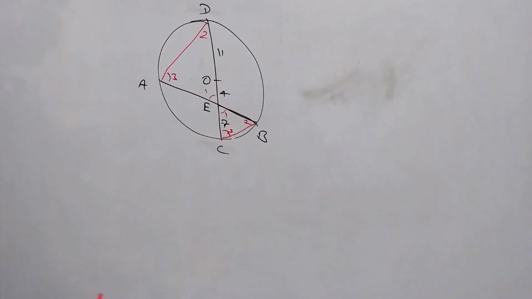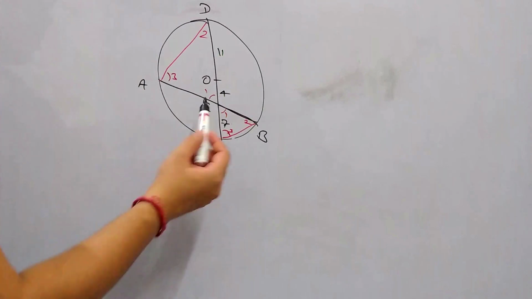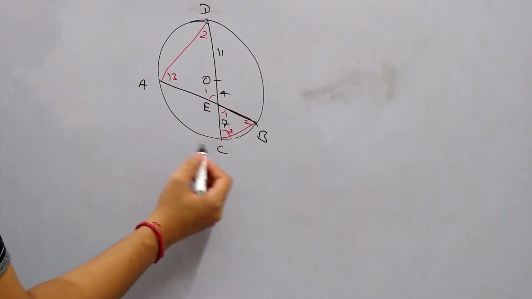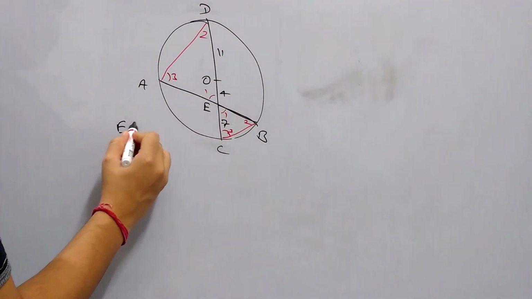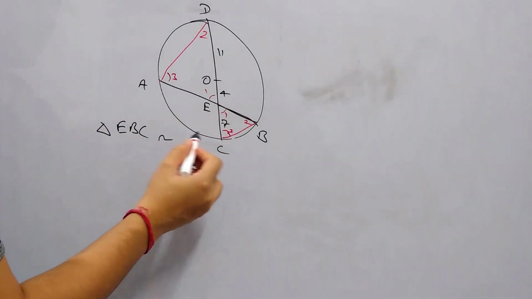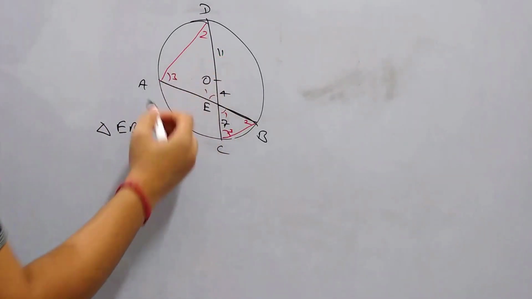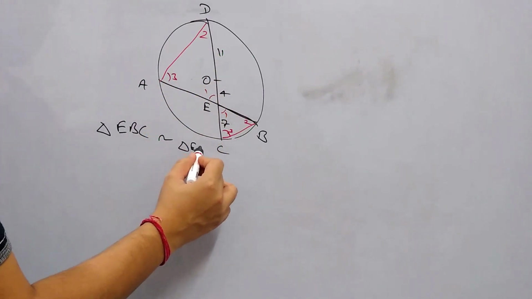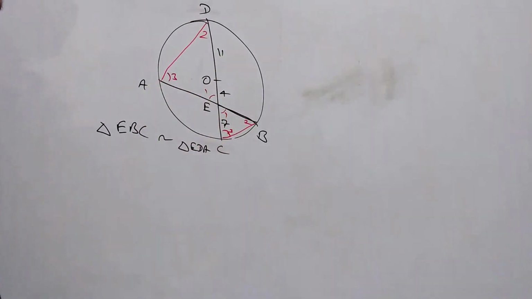Okay. So these two triangles, E, B and C will be similar to E, D and A. And if the triangles are similar, the ratio of their sides will be the same.